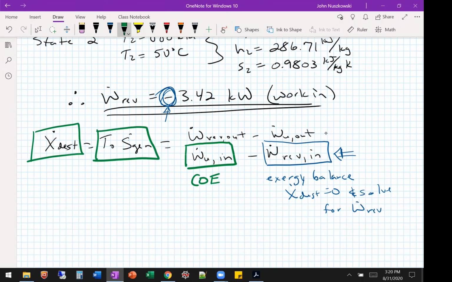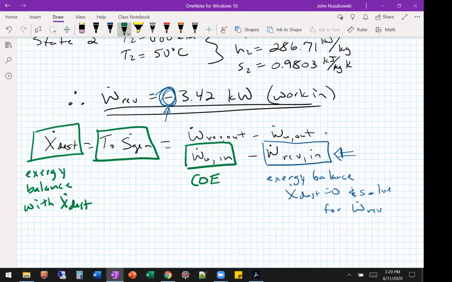If you take work useful and subtract off X destroyed, you get the reversible work, right? So X destroyed would come from the exergy balance, because this would be the actual case, not the minimum.